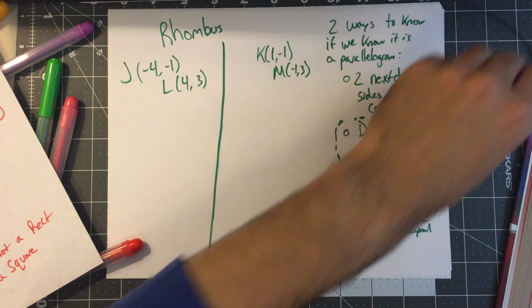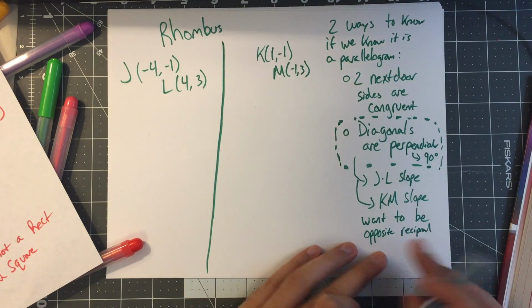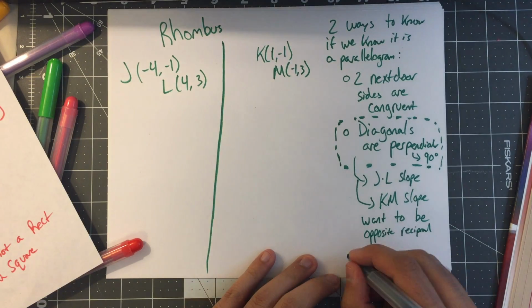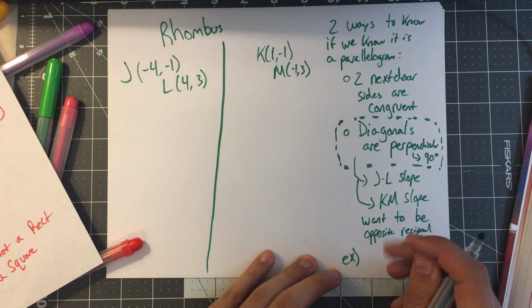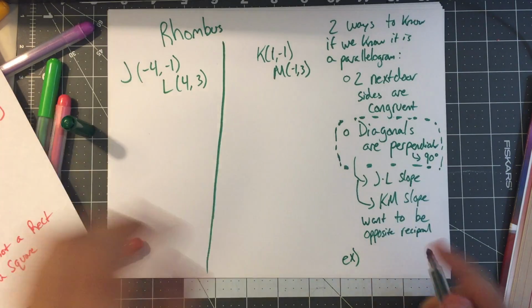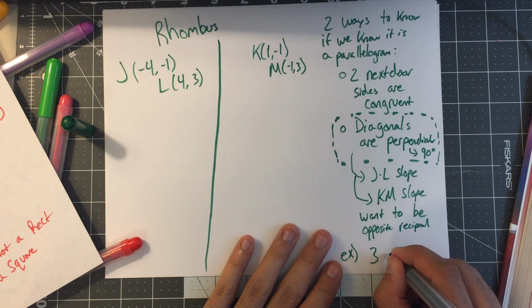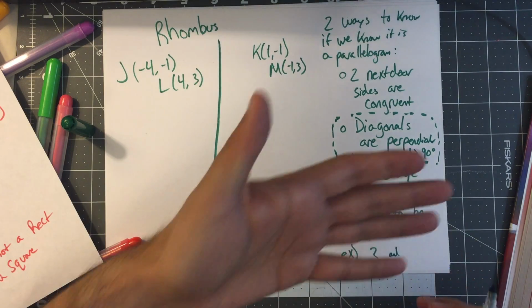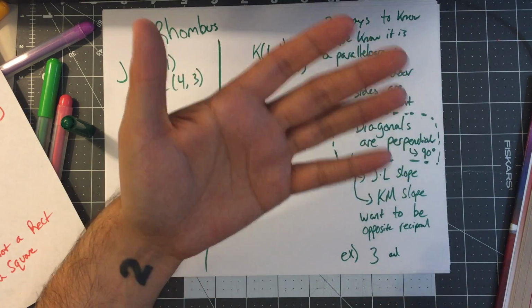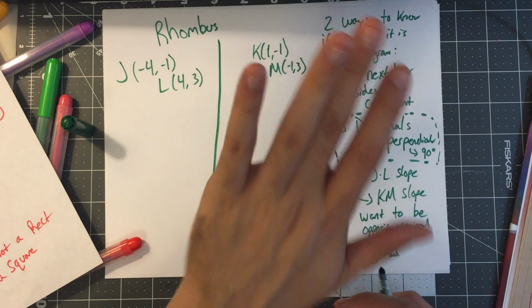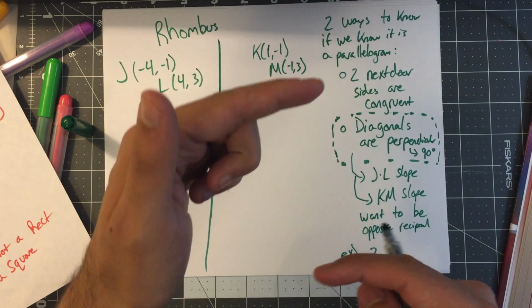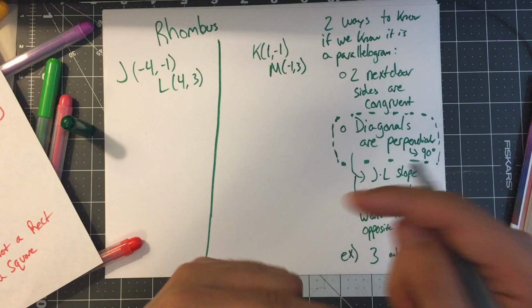So in the likely event you don't remember what an opposite reciprocal is, for example, an easy opposite reciprocal would be 3, and opposite is going to, if it's positive, make it negative, negative make it positive, and the reciprocal is going to take it and flip it into a fraction.